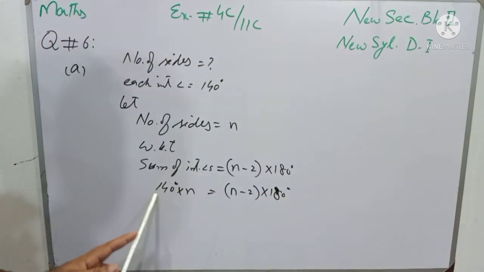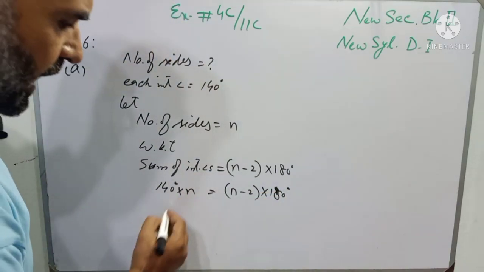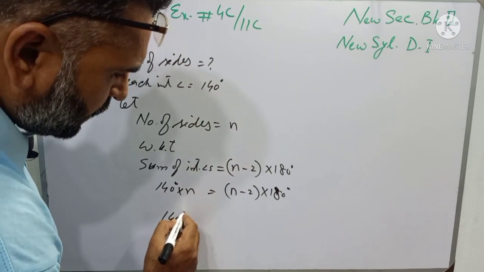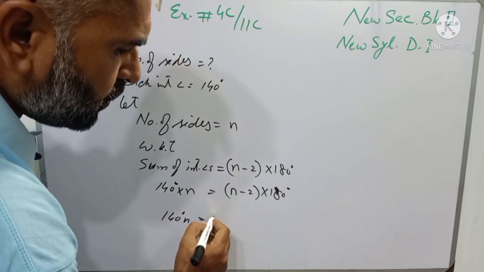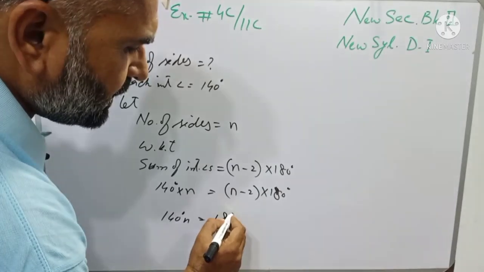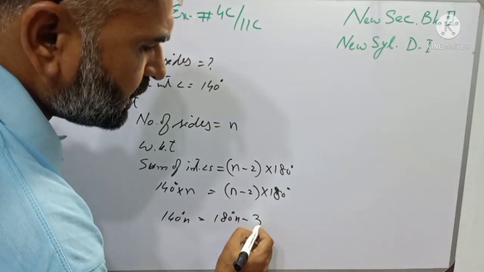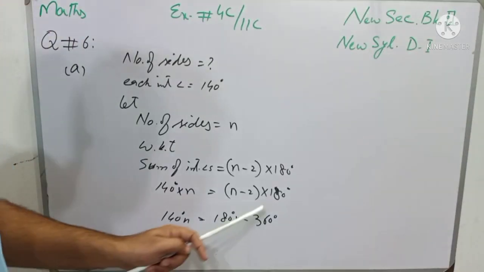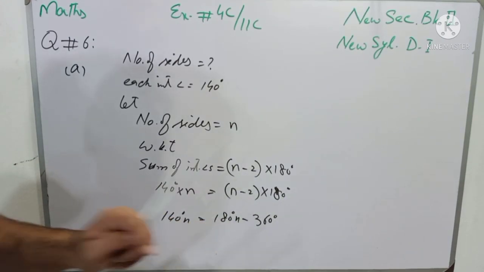Now students, 140 is multiplying with n and it will become 140 degrees n is equal to 180 degrees n minus 360 degrees, because 180 degrees will multiply with 2.